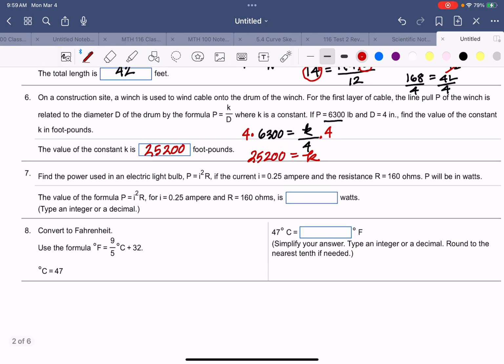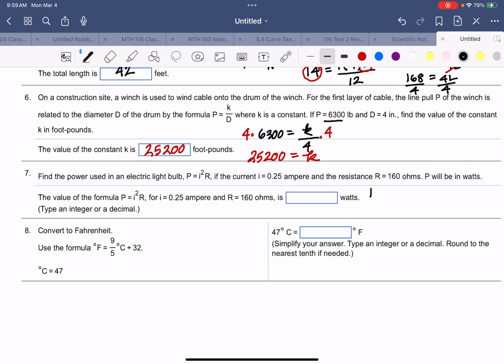Number 7, find the power used in an electric light bulb. P equals I square R. If the current is I, 0.25 amps, the resistance is R, 160 ohms. P is going to be in watts, so our answer will be in watts. So we're just going to plug in again.